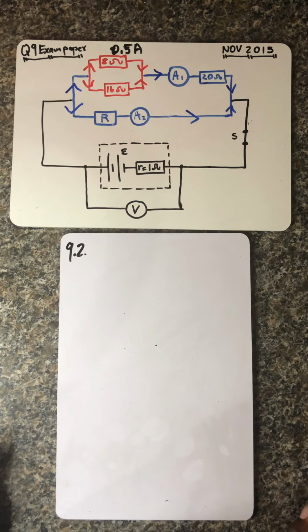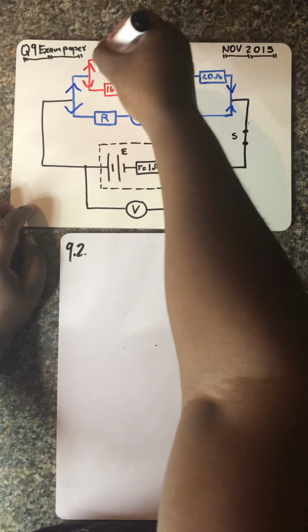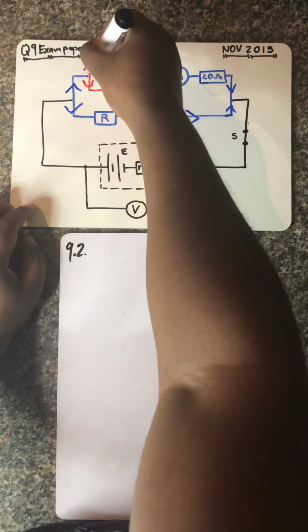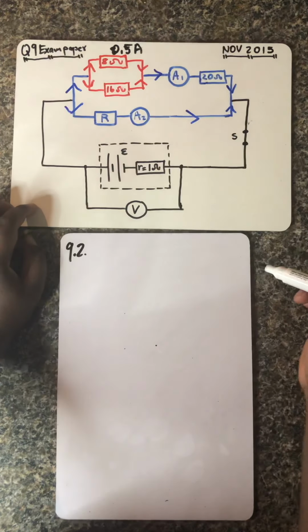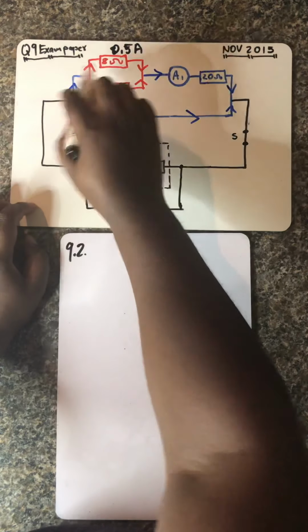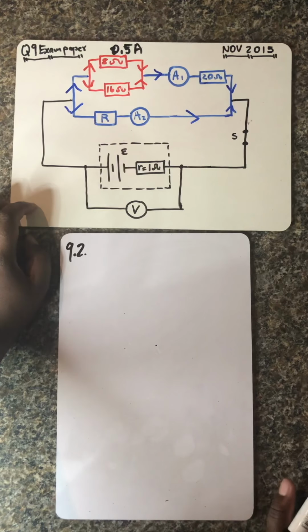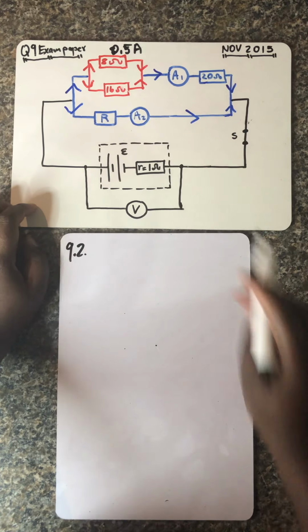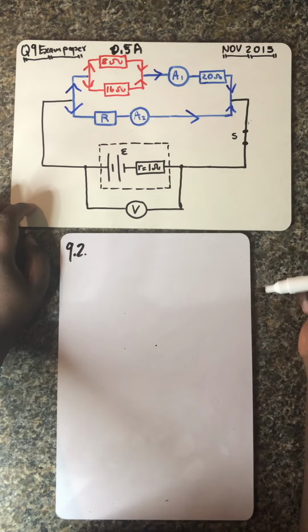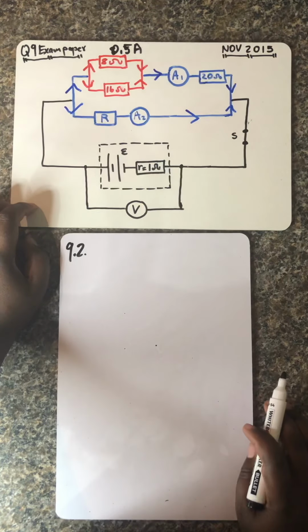So guys, that means if we've got the current flowing through the 8 ohms resistor, we can calculate the V of that 8 ohms resistor. And we know from the initial lesson that I've given, I just indicated that the V of the 8 ohms resistor is the same as the V of the 16 ohms resistor.